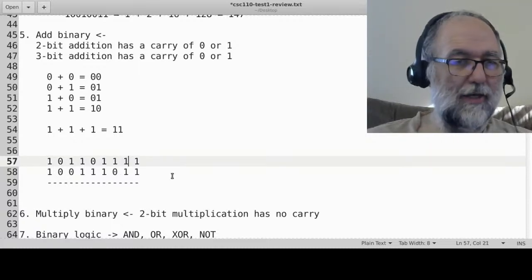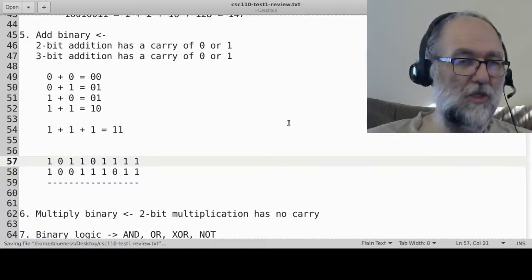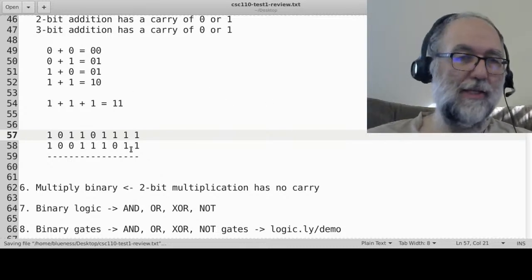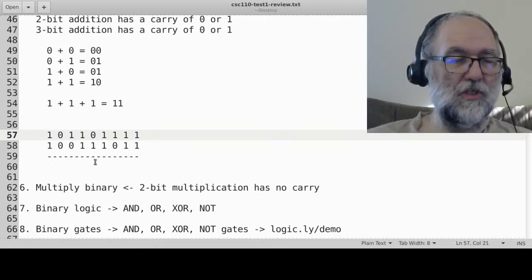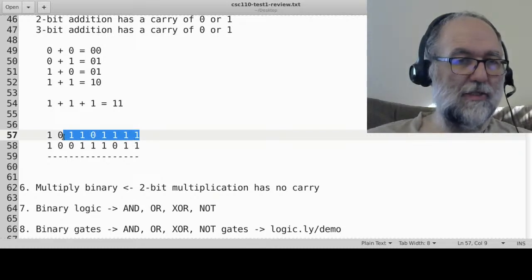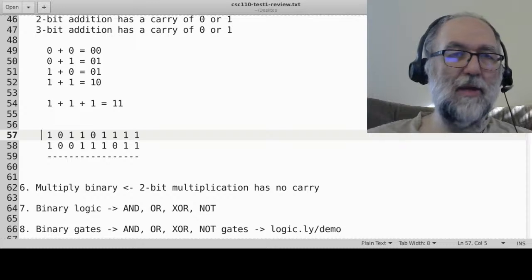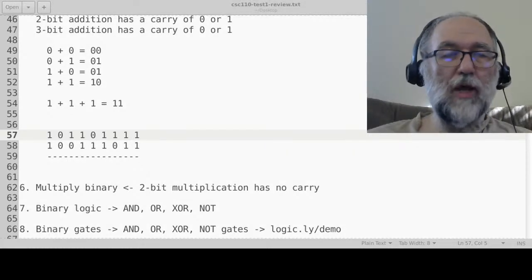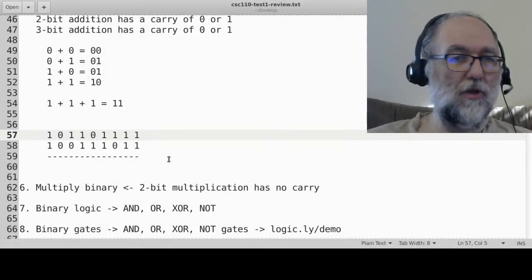No, I will not. Hold on. There we go. Sorry about that change, but I want to make sure that I get all the different possible situations of 2 and 3-bit addition. So how many bits are there? 1, 2, 3, 4, 5, 6, 7, 8, 9. So this is a 9-bit number plus another 9-bit number. Let's go ahead and add those.